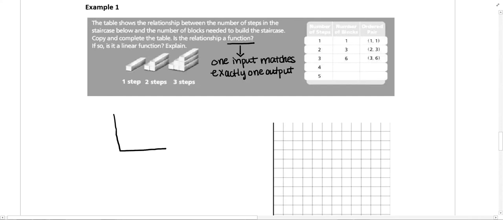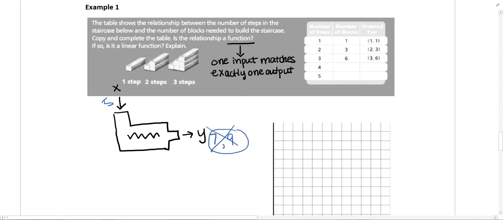You have this machine that you put stuff in and it spits out a number. You put in your input, which are your x's, something happens, which is the function, and you get out a y. If you plug in 5 and you get out 7 and you get out 9, that's a problem. That's not going to happen in a function.